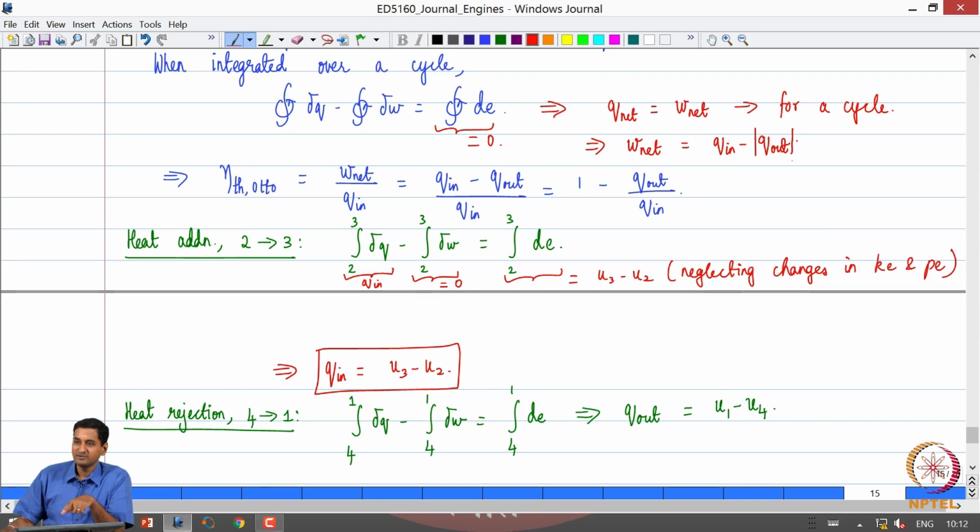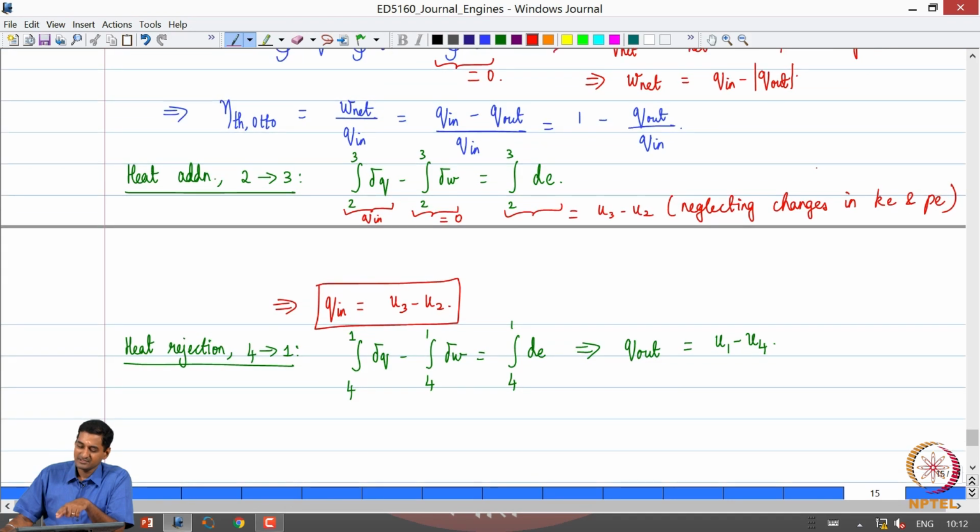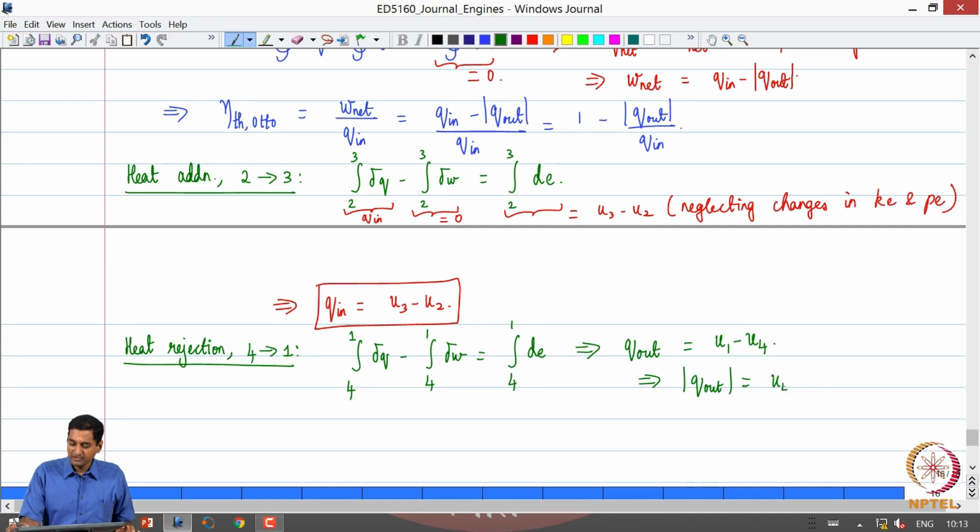So, I will use the absolute magnitude of Q out here, okay, even here. So, you can immediately see that this Q out is going to be negative because U1 is going to be less than U4. So, this implies the absolute value of Q out is going to be equal to U4 minus U1, okay.